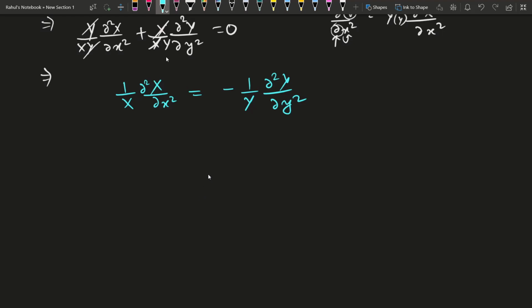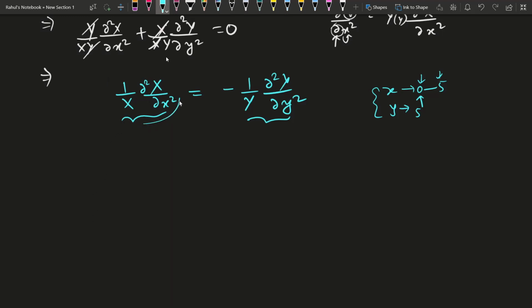Now you can easily understand one thing: this is a complete function of x, this is a complete function of y, and x and y are independent of each other. If we move x from 0 to 5, it is not certain that I have to move y. Suppose when x is equal to 0, y is equal to 5; it is not mandatory that when we move x from 0 to 5, y should change its value. That means x and y are totally independent. So these two are not dependent.